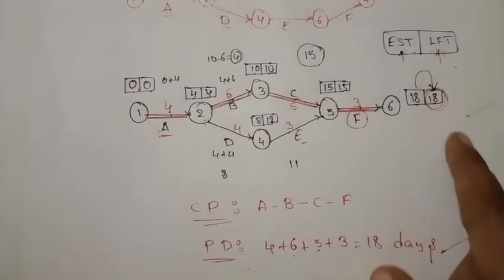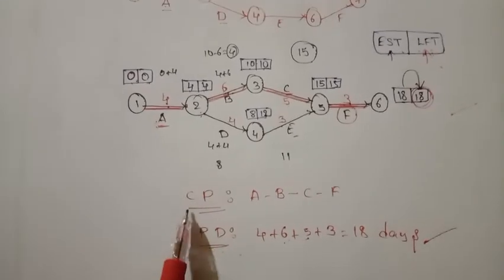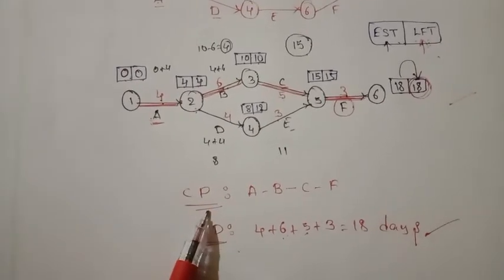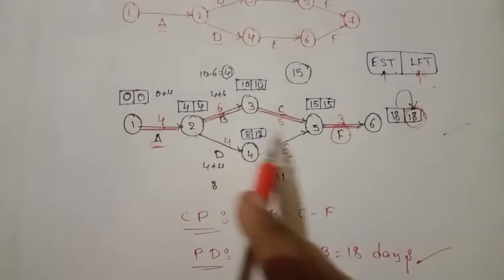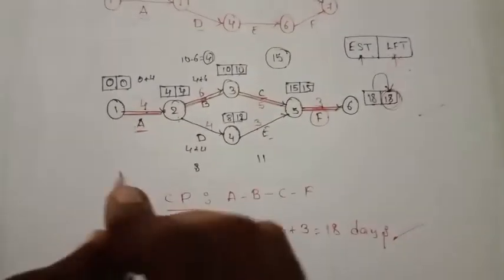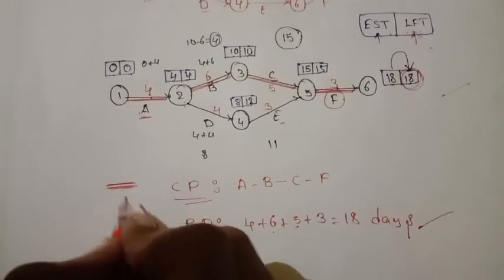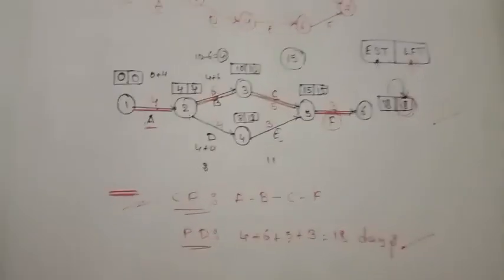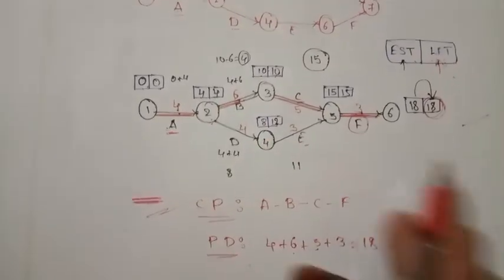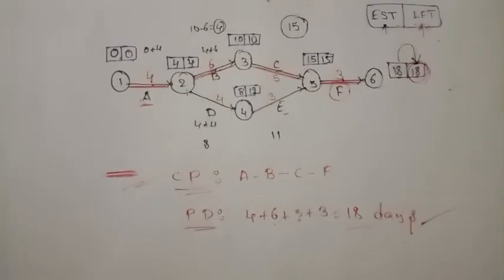You need to find these two values correctly. Then the last step is you need to find the critical path, that is A to B, B to C, C to F. Just represent it with double lines, guys. The critical path should always be represented with double lines. And the last thing is project duration: whatever the duration values the critical path has, just add them and get the value.